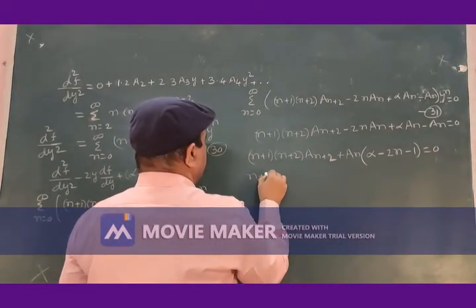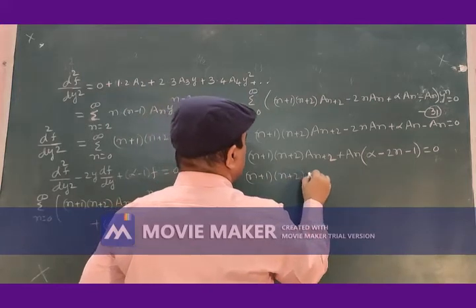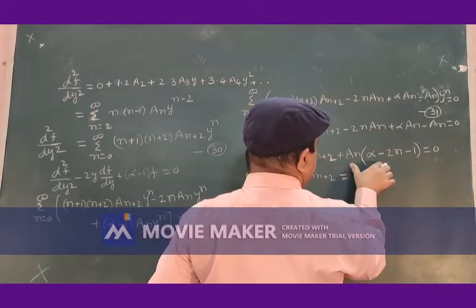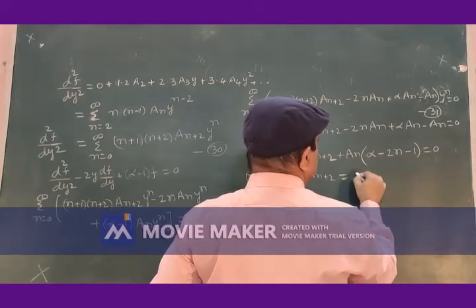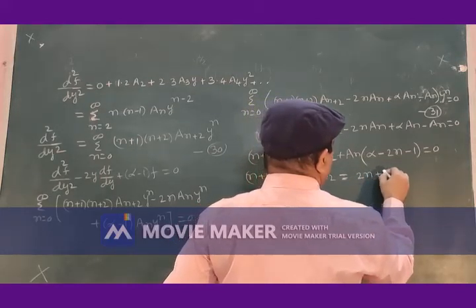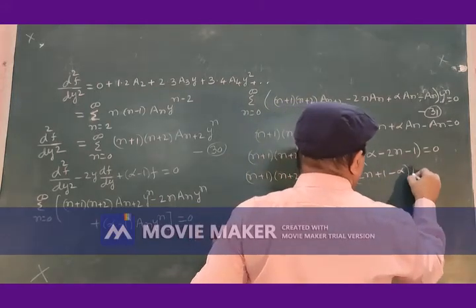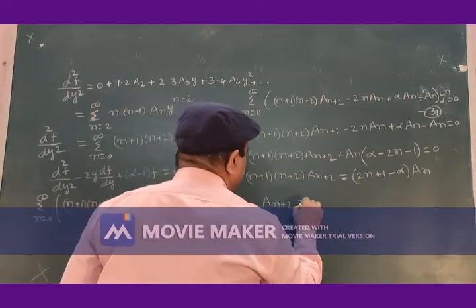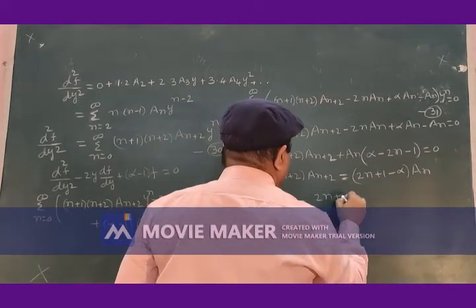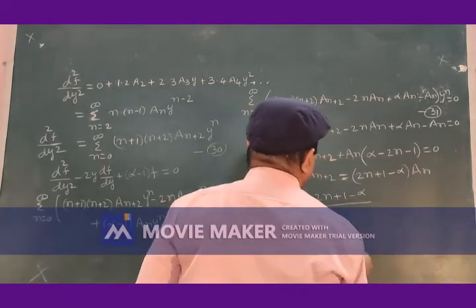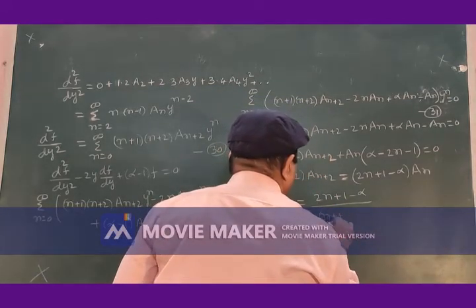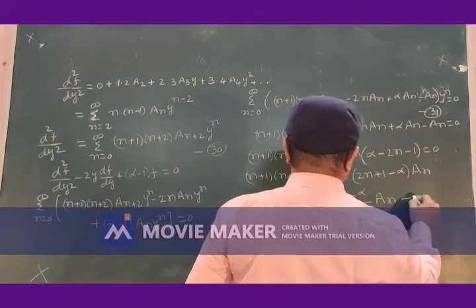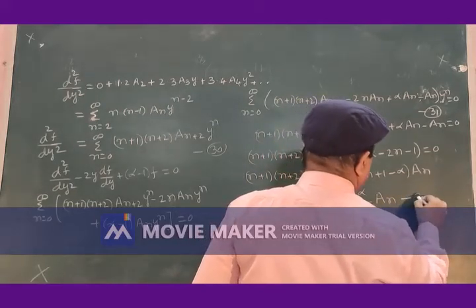or n plus 1 into n plus 2 a n plus 2 is equal to, transferring this to the other side, so the sign will change, 2n plus 1 minus alpha into a n, and further we will have a n plus 2 is equal to 2n plus 1 minus alpha divided by n plus 1 into n plus 2 a n, equation number 32.